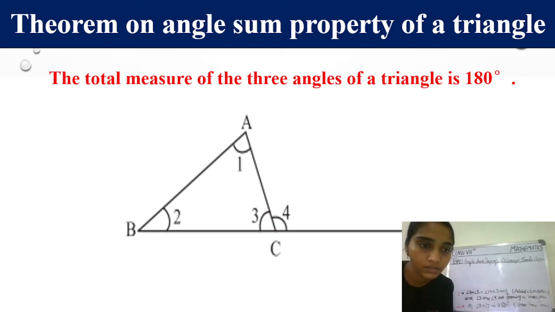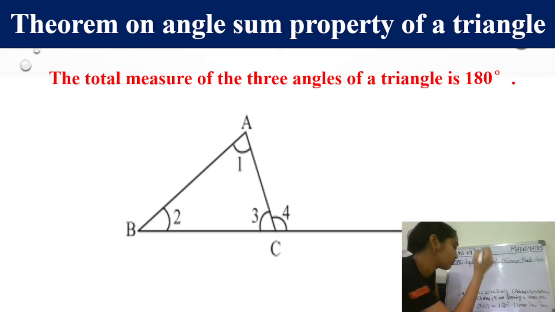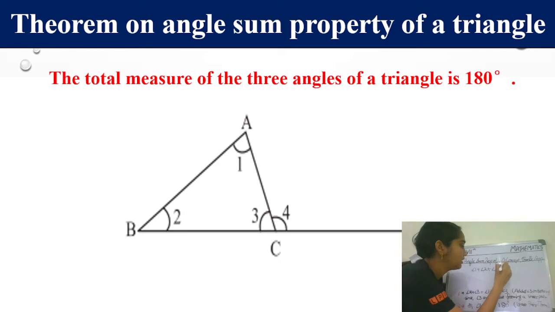Very good. We can see that we are getting angle 3 plus angle 4 as 180 degrees, so we can substitute 180 degrees in the first equation. So we will get angle 1 plus angle 2 plus angle 3 is equal to angle 3 plus 4, and 3 plus 4 is equal to 180 degrees.